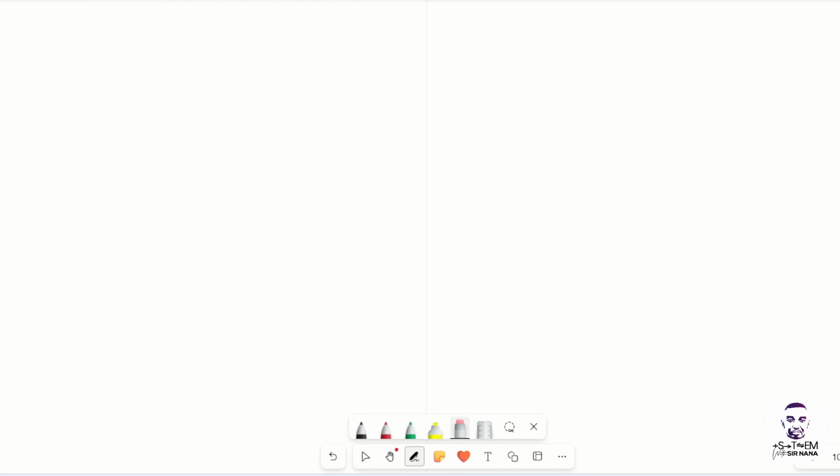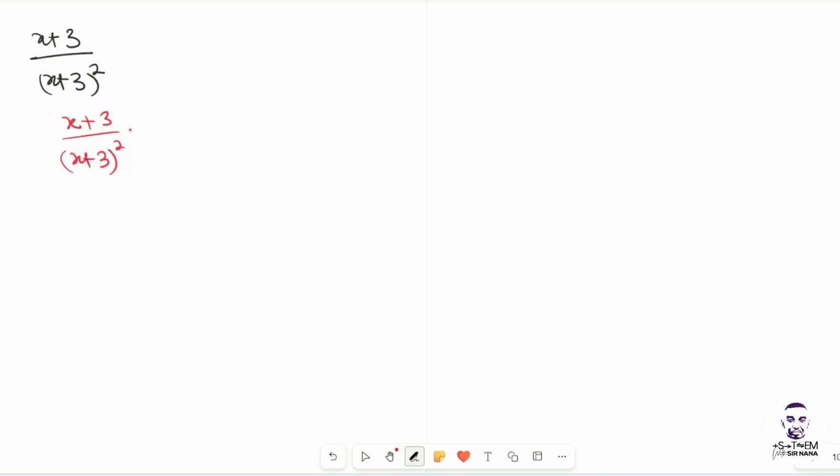Since this is a repeated factor, we can write it as x plus 3 all over x plus 3 all squared to be equal to A all over x plus 3, then plus B all over x plus 3 all squared. So we go through the same procedure.